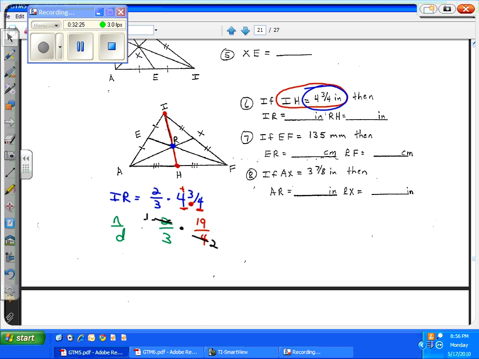And then you multiply the numbers, 19, and you multiply the names and you get a new name, 6. Multiply the numerators, multiply the denominators. If you want a mixed numeral, you would do what it says. 19 divided by 6. 6 goes into 19 3 times. You multiply and you get 18 with 1 left over. If you want a mixed numeral, you put your remainder over your divisor. And so we get 3 1/6 inches for IR.